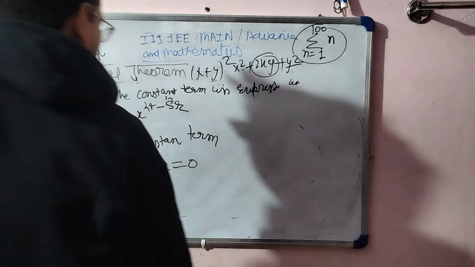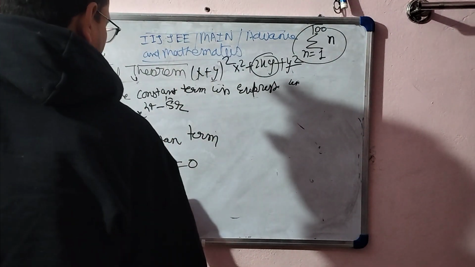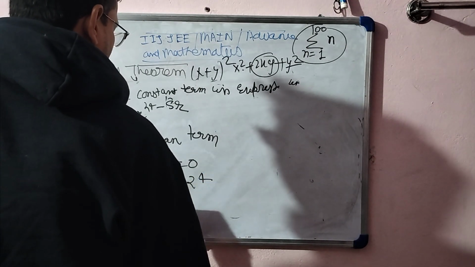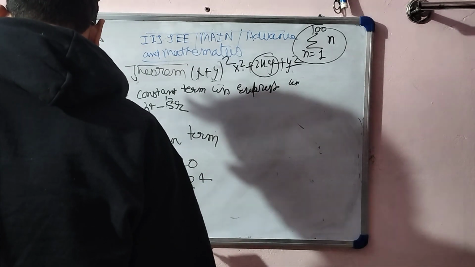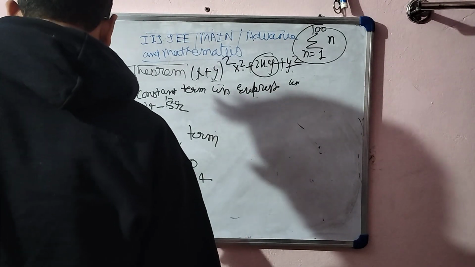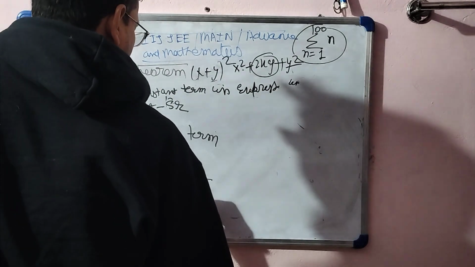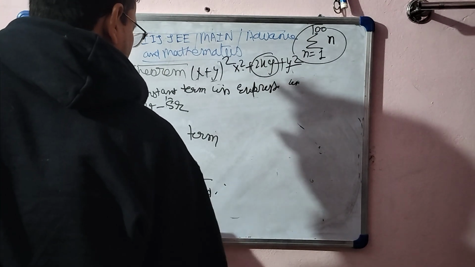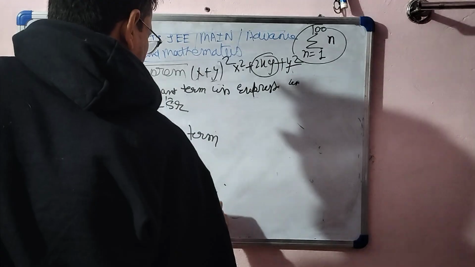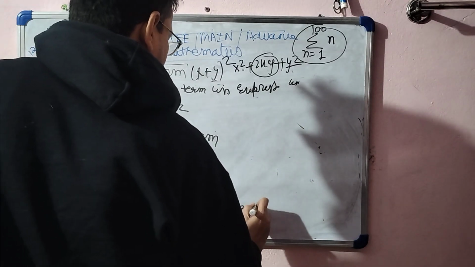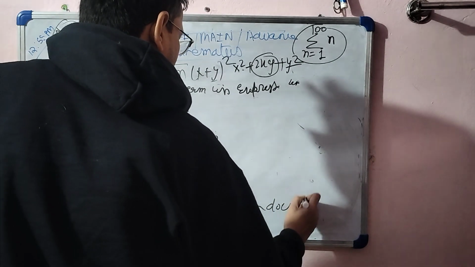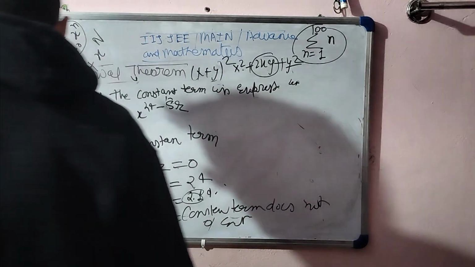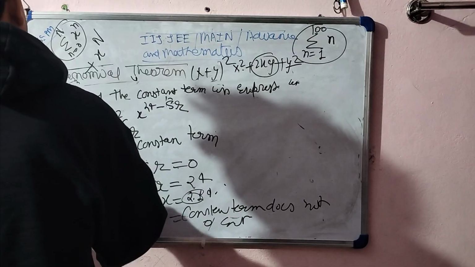For the constant term, 24 minus 5r equals 0. Then 5r equals 24, then r equals 4 point something, which is not an integer. So the constant term does not exist, it means 0. There is no constant term.